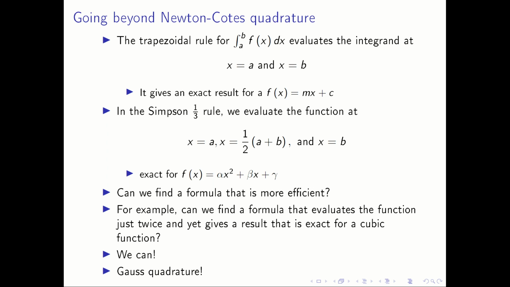This is just a toy model in a sense. Nobody really uses two-point Gauss quadrature in real calculations. Typically, people use 32-point or 64-point Gauss quadrature. But we are going to see what the basic idea is behind Gauss quadrature by starting small, with only 2 points.